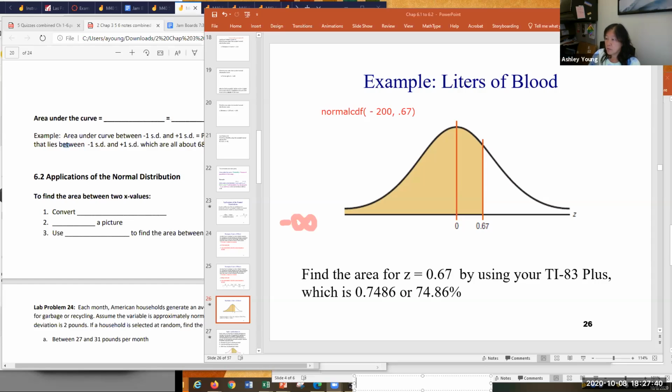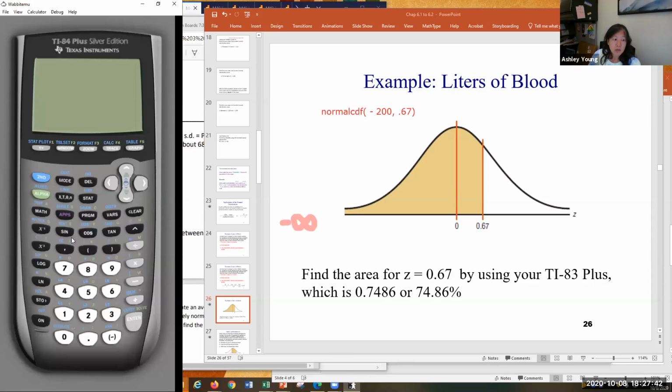Actually, I can't do that. On normal CDF, sorry, let me go ahead and do it from the beginning. Second vars, normal CDF of negative is down here. Don't forget, it's not the minus sign, it's this negative symbol down here, negative 200, comma, 0.67. And I will get 0.74.